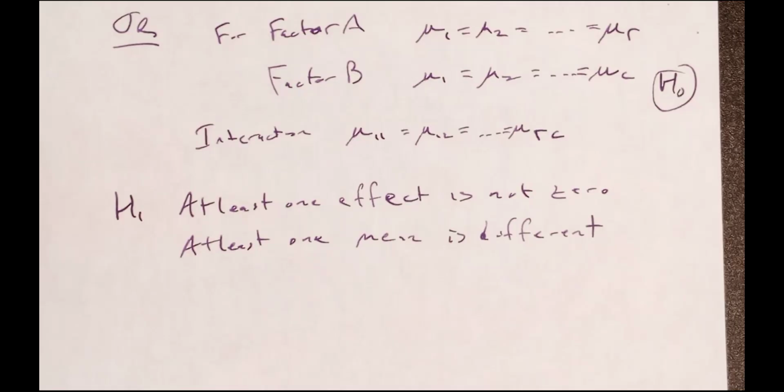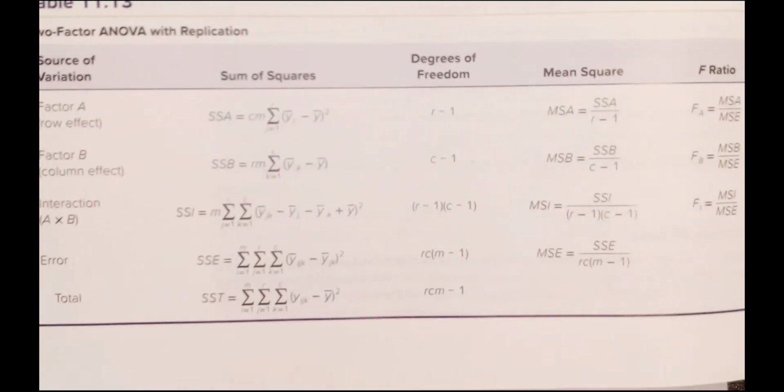And I'm going to end up doing 3 F-tests. I'm going to do an F-test on A, an F-test on B, and an F-test on the interaction and see if the variation can be nailed down specifically to one or more of these. There is a large discussion of what the calculation actually looks like on page 436.